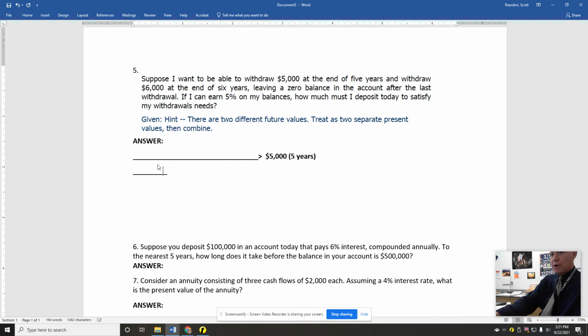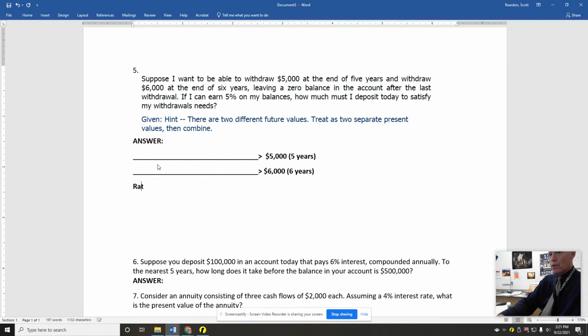We have another flow of money where we need $6,000 after 6 years, with a rate of return. I should say actually a discount rate, an interest rate, a discount rate of 5%.